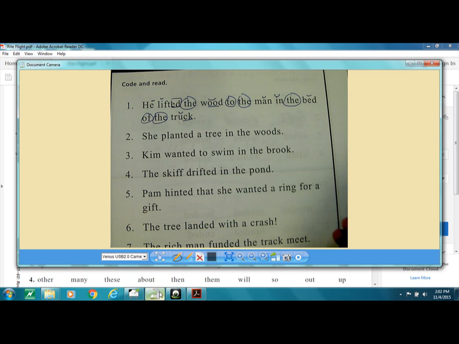I would like you to try number 3. I'm going to give you about 45 seconds to do number 3. Code it, and then talk to yourself about what the letters tell you to do, so that when it's time to read, you will be ready.